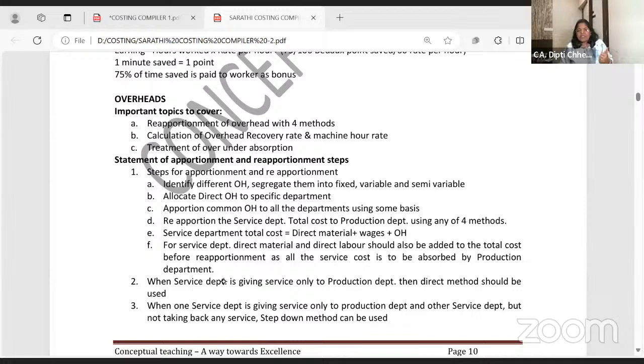Tomorrow there's no paper correction, but we are doing a live revision for the cost accounting system. Cost accounting system, mark it, a super duper important chapter for reconciliation, for preparation of ledgers, for journal entries, and for theory questions like what are the essential requirements of integrated and non-integrated systems. It will go on for at least 1 hour.